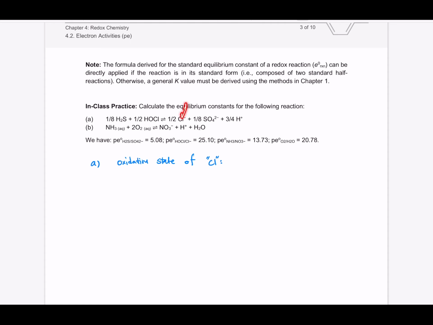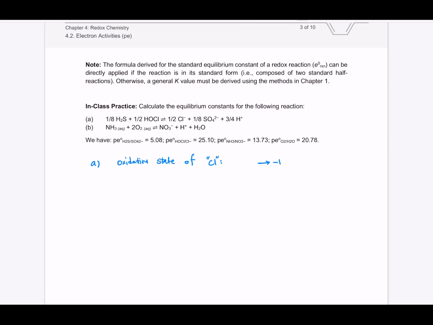We know Cl minus is a part of the product, so its oxidation state is -1. And on the other side of the reaction, we have HOCl. We know H is +1, O is -2, and the overall must be 0. So what's the value for Cl? +1. It has to be +1.